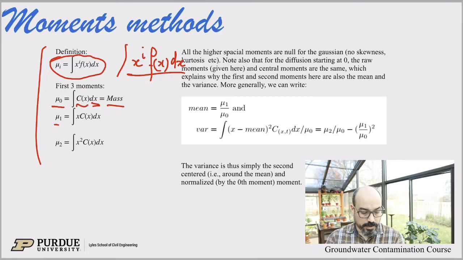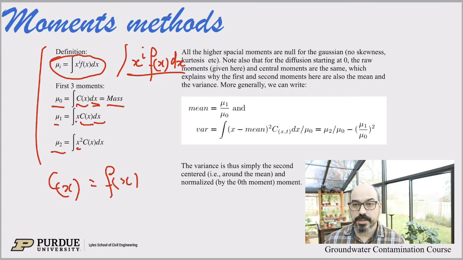Now the first moment, again, x to the i is x, c of x dx. And then the second moment, x squared times c of x times dx. Now that means if we have data, c of x is f of x, so if we know c of x at different x's in space, then we can calculate those moments by doing those operations here.